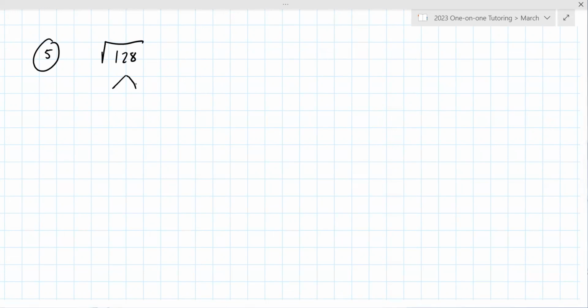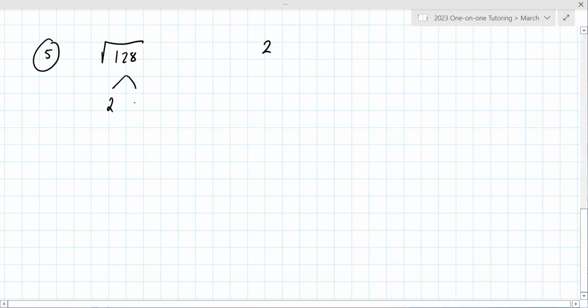We're going to do number 5 next. Number 5 is the square root of 128. What is the smallest prime number? Josh, what's the first one we should always start with? 2. 2 times what? What's 128 divided by 2? 64.